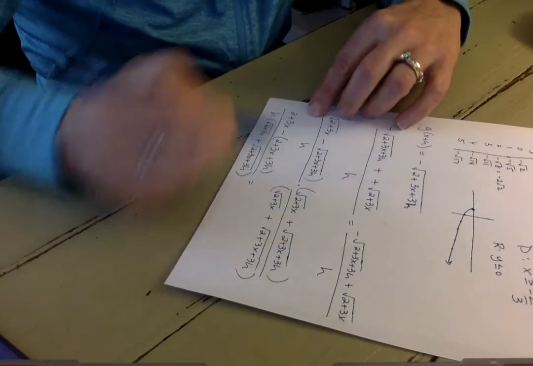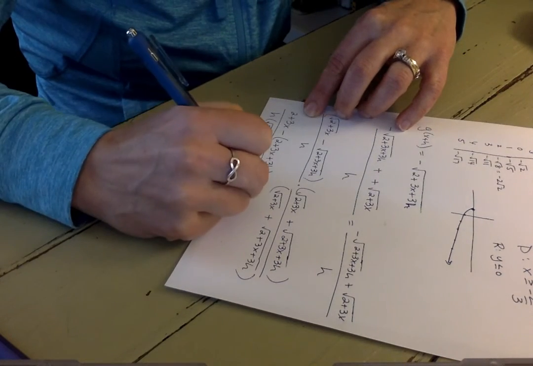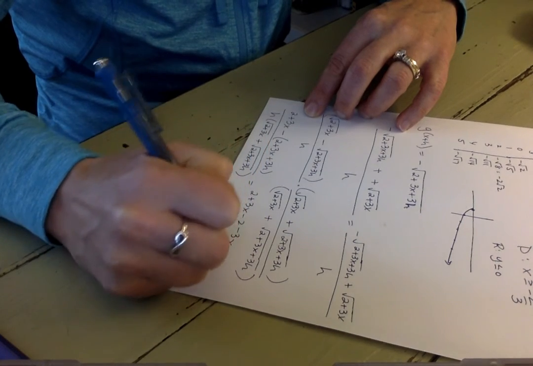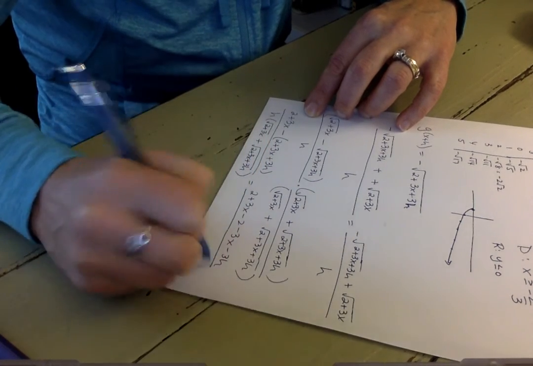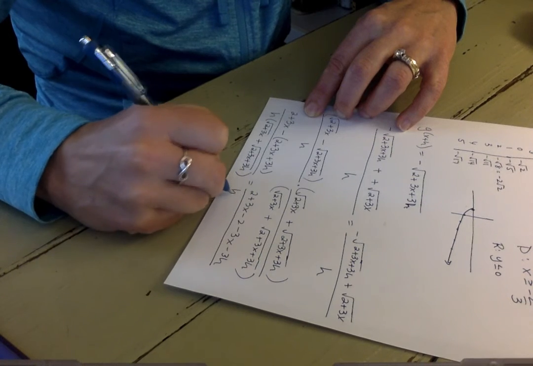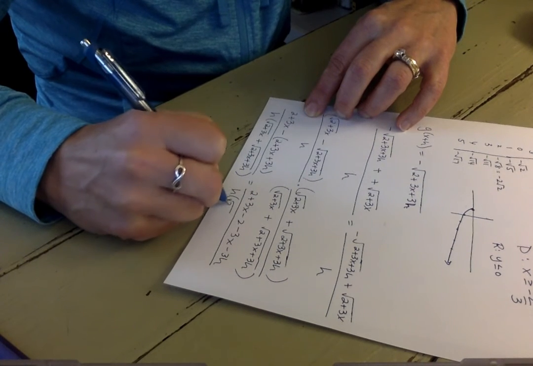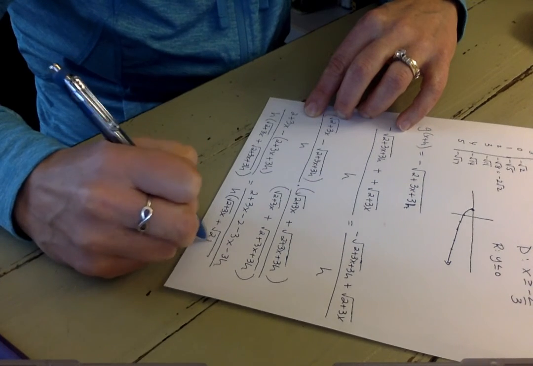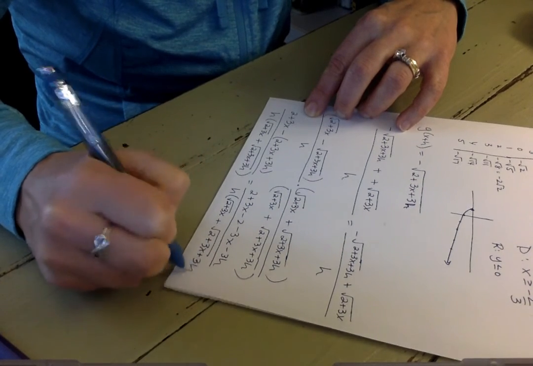So anyway, now again, do not stop. Keep going. 2 plus 3x minus 2 minus 3x minus 3h all over h times all of this hunka-dunka junk, okay? So 2 plus 3x plus the square root of 2 plus 3x plus 3h.